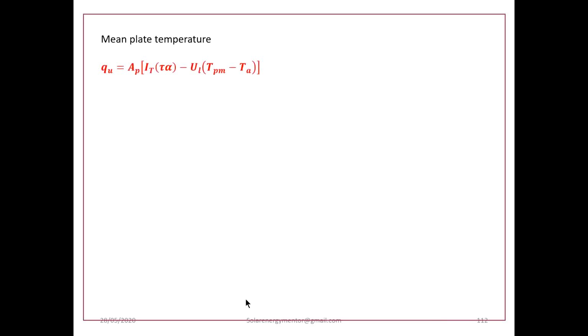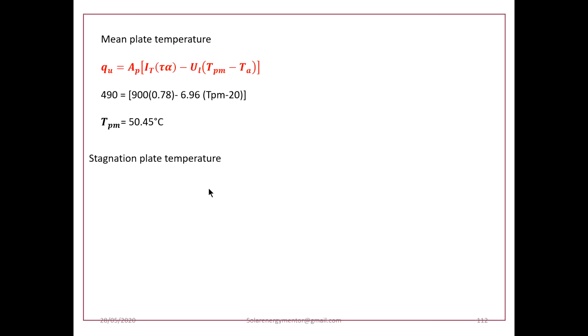Now the mean plate temperature you can find out using this expression, in which every term is known except TPM. So you can evaluate: QU we have already evaluated using the HWB equation as 490, AP equal to 1, IT 900, tau alpha 0.78, UL 6.96, and then TPM is not known, so we evaluate TPM to be 50.45 degrees Celsius, the mean plate temperature.